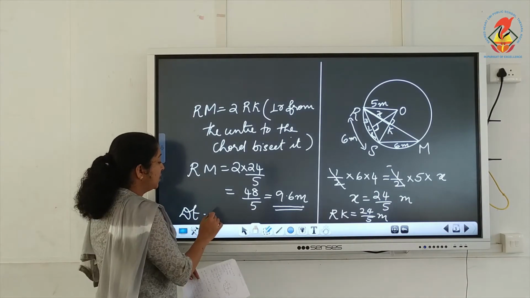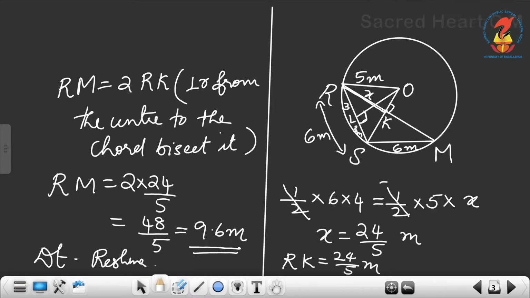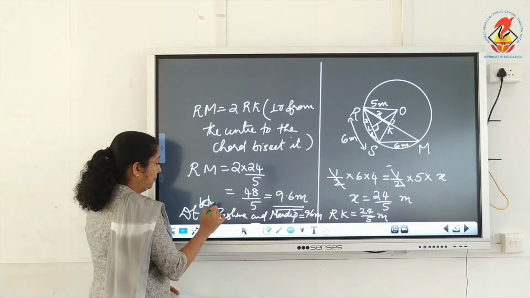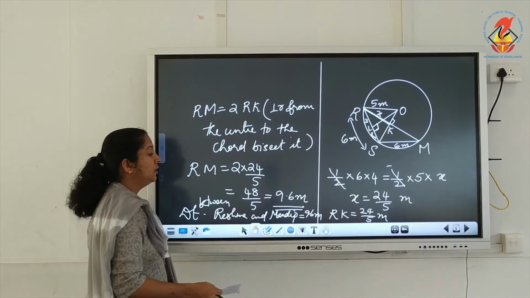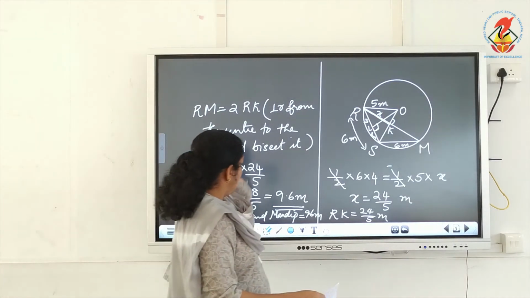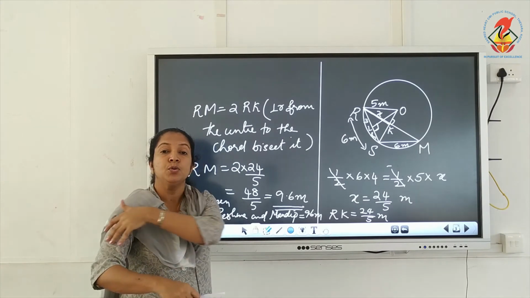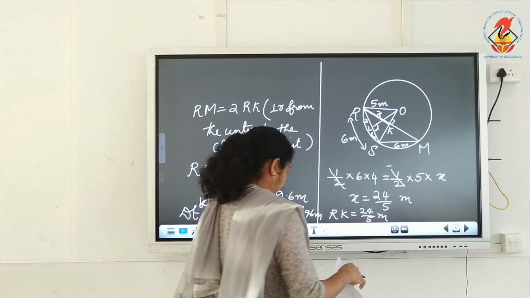Distance between Reshma and Mandeep is equal to 9.6 meter. This is the final answer.